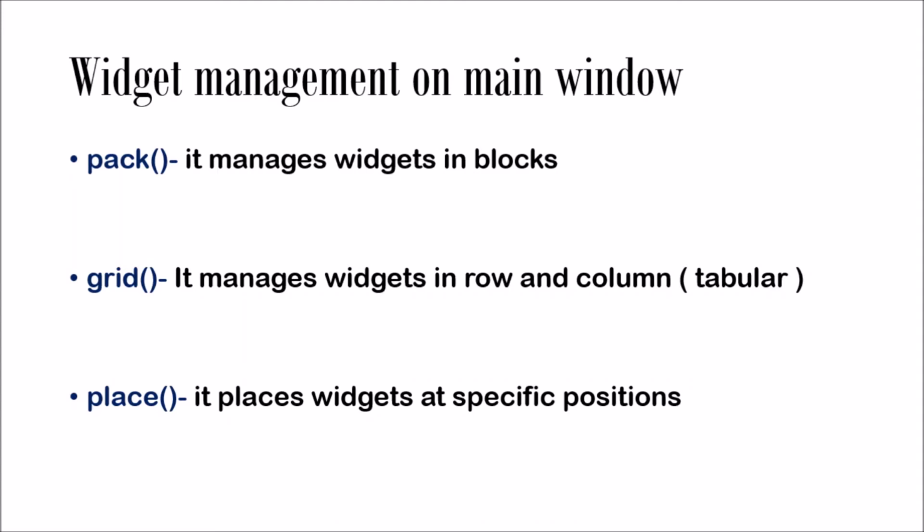It will place the widget at a specific position. If you want a widget at a specific position on the main window, you can use place. Grid manages widgets in rows and columns, and pack manages widgets in blocks. We'll see in detail how widgets can be managed on the main window.